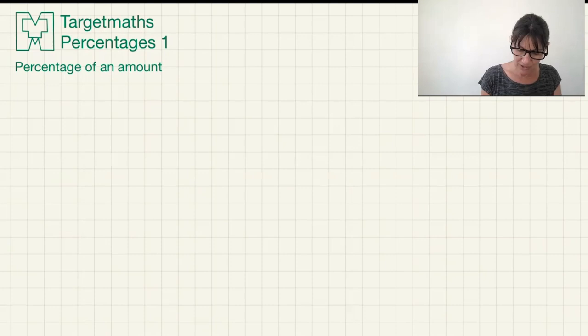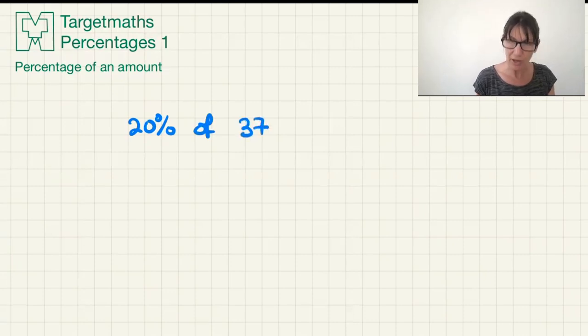Let's say I wanted to find 20% of 37. The first thing we're going to do is the rewrite. Percent means out of 100, so I'm going to write 20 out of 100 instead of using the percent sign.